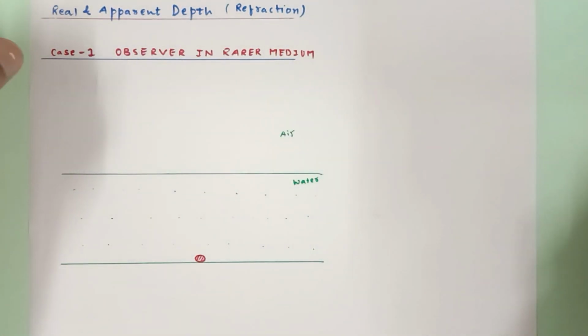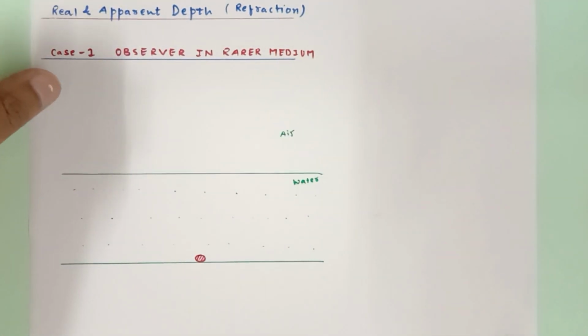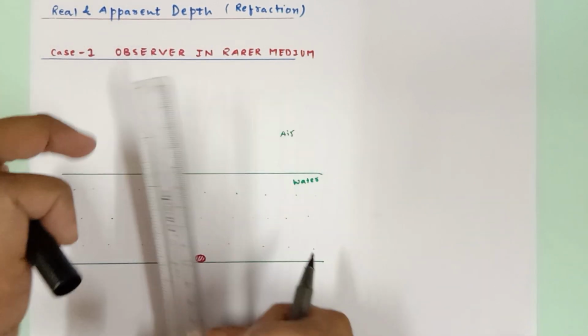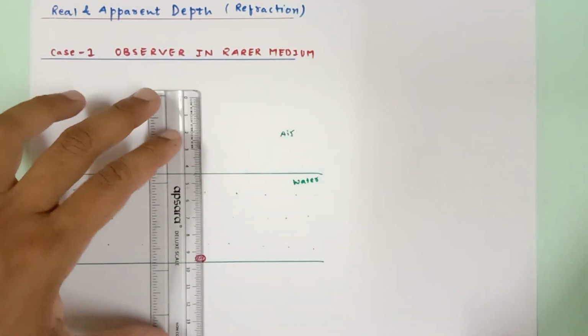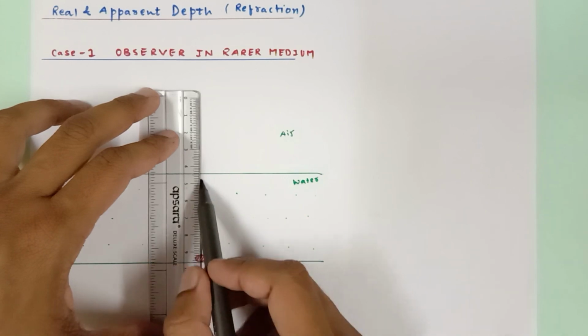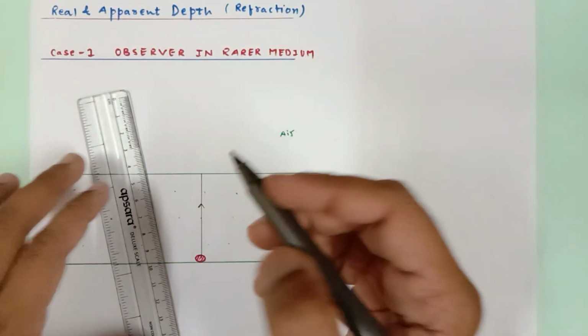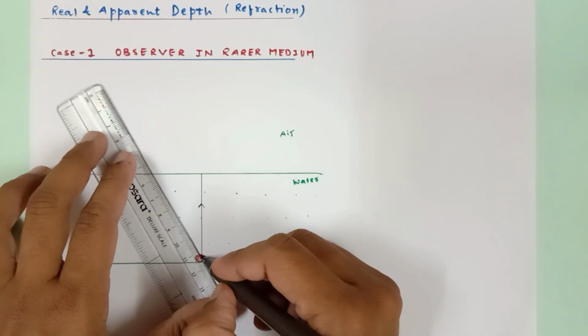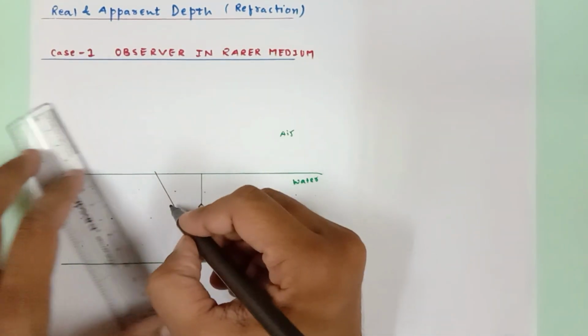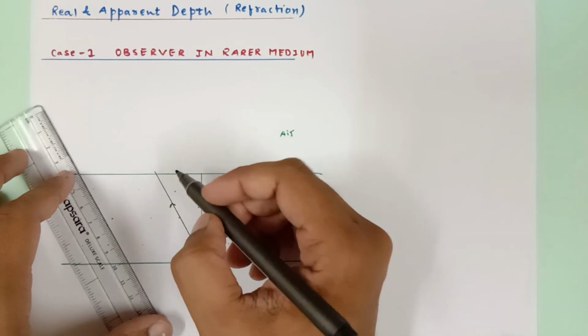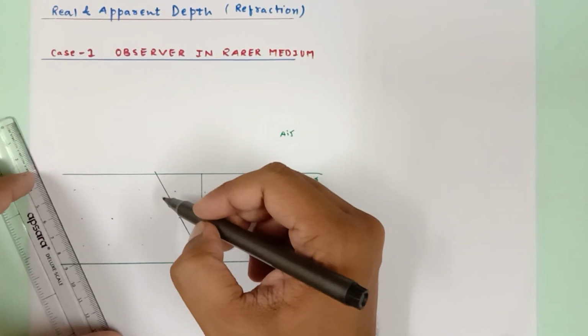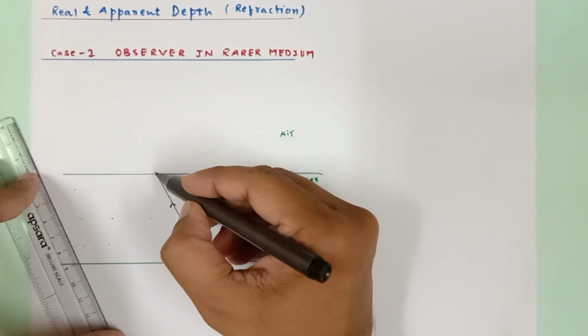So here we have a bulb which is emitting light in all directions, but I'm going to consider two light rays, one which is directly heading onto the surface like this, and another ray of light going like this. Now the rays of light are going to bend away from the normal when they strike the surface.